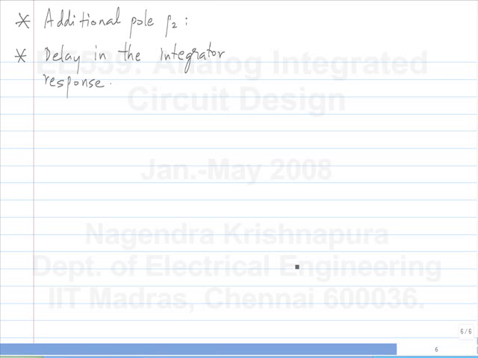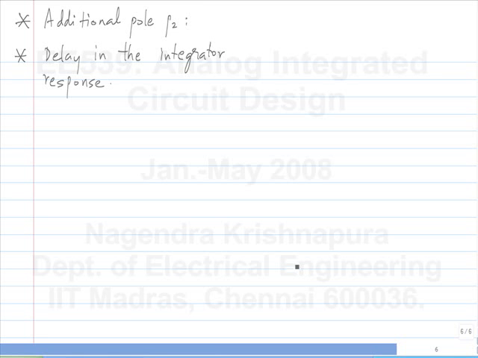Now, does this system actually become unstable? Strictly speaking, instability is if the roots are on the j omega axis or in the right half plane. That doesn't happen here. That happens only in the limit of P2 being extremely small. But for the purpose of designing an amplifier, having a lot of ringing is like instability.